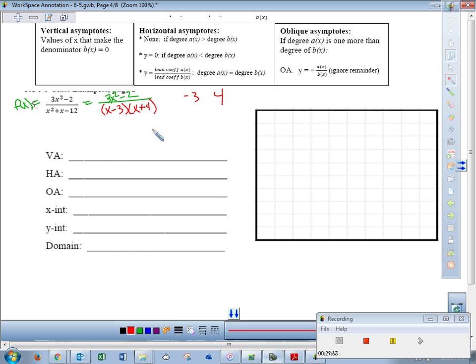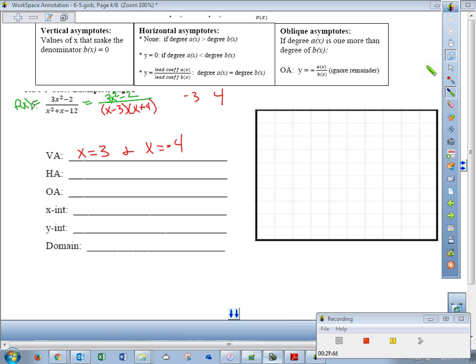No hole in this situation because I didn't get an x minus 3 upstairs and downstairs. I didn't get an x plus 4 upstairs and downstairs. There are no holes. There are just two vertical asymptotes. One of them at x equals 3, the other one at x equals -4.